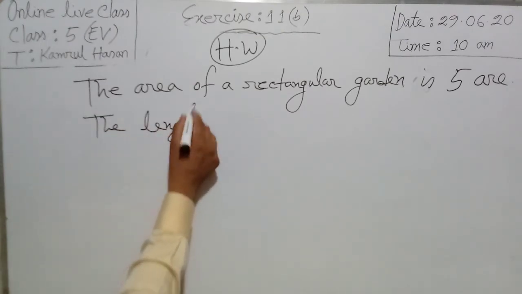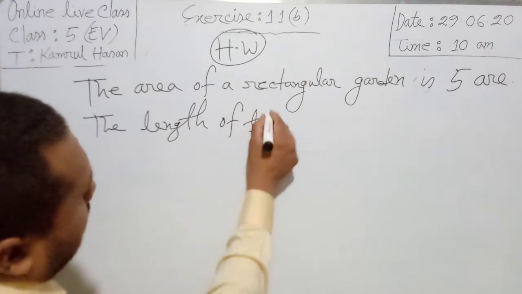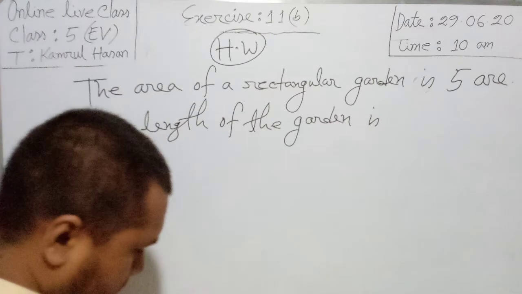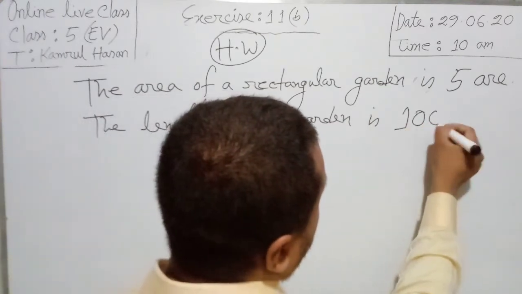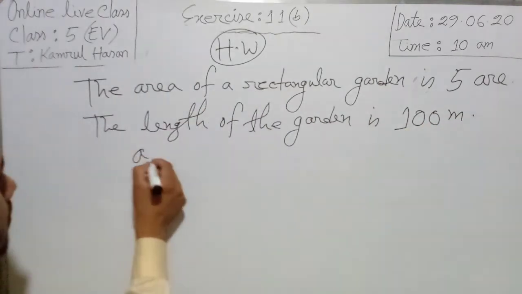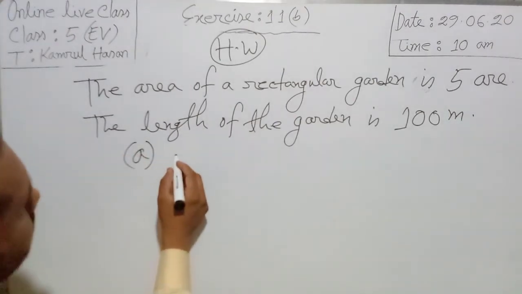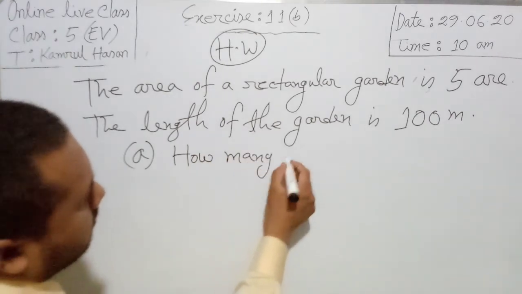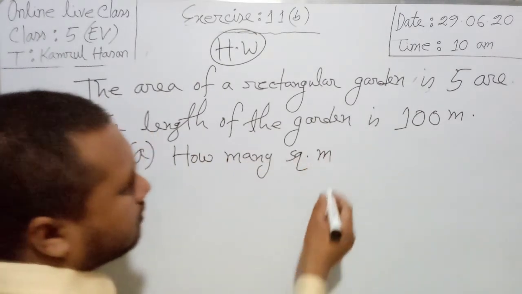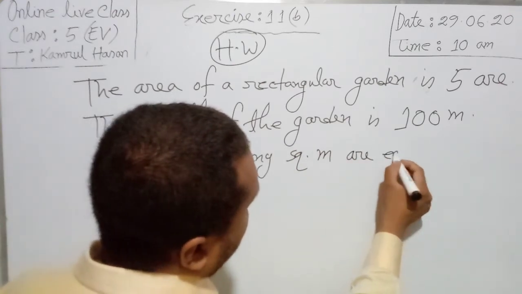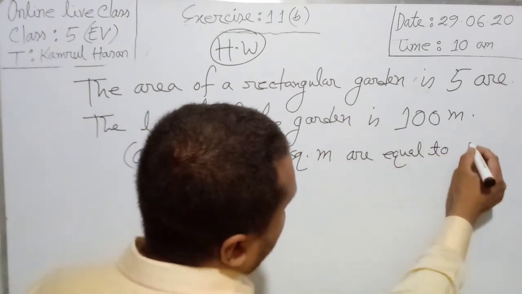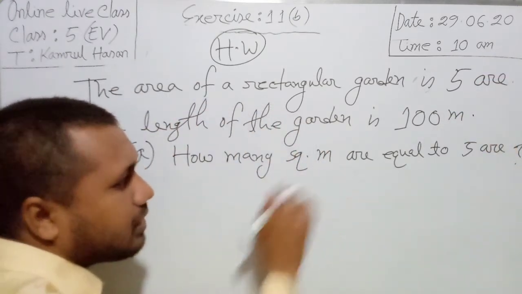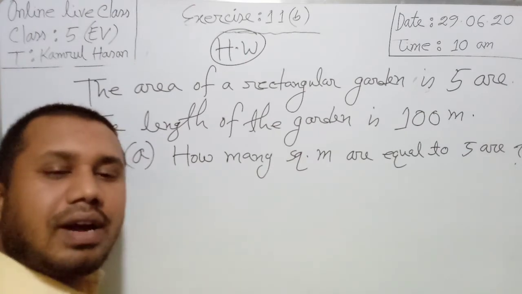The length of the garden is 100 meter. Now, how many square meter are equal to 5R? That means this 5R you have to convert to square meter. The answer will be 500 square meter.